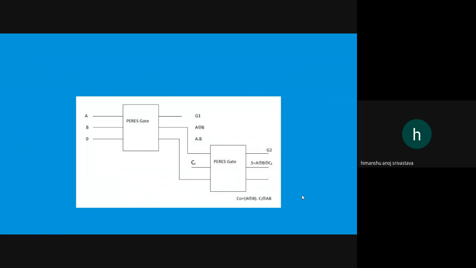The first two inputs are A and B, and the other input is the carry. The normal output is designed so that we get the sum as an output. We implemented this. The further discussion continues with Rahul.